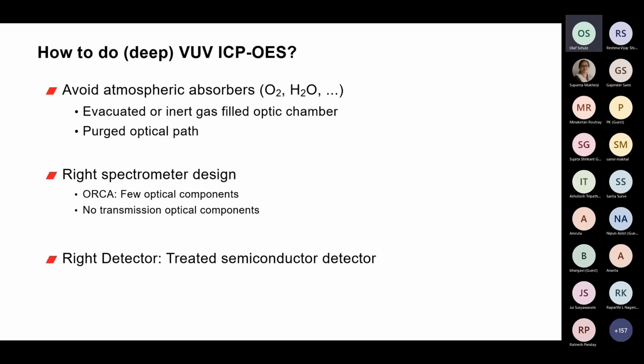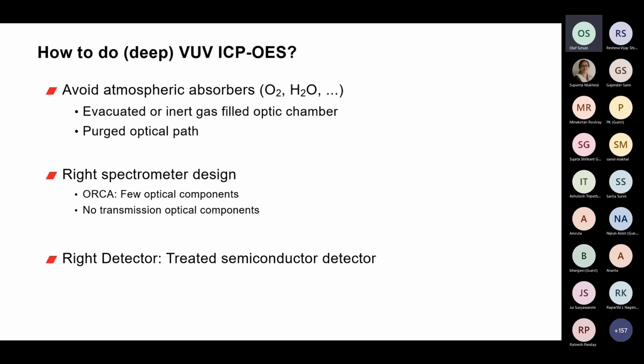However, not only the optical components, but also molecular oxygen and water vapor in the atmosphere heavily absorb radiation below 180 nanometers. So the entire light path needs to be free from oxygen and water. And in the past, this was commonly achieved by evacuation of the optical system and purging of the interface and the transfer optic using argon.